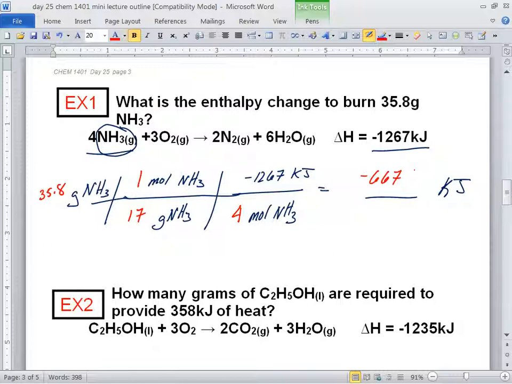Yep, good, keep going. Did you figure it out? Mm-hmm. Okay. I think write down the substance, because that'll help you to know what the next step would be.